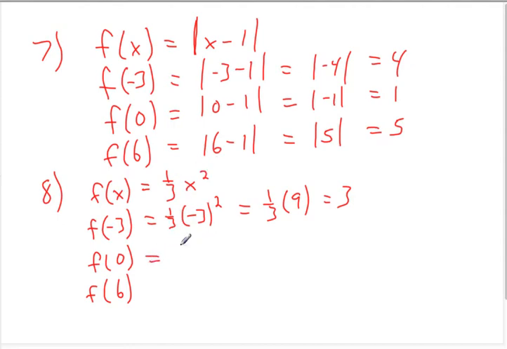And then we have 0. This is just 0 because 0 times 1/3 is 0. And then this one we have 1/3 times 6 squared. So we have 1/3 times 36, which equals 12.